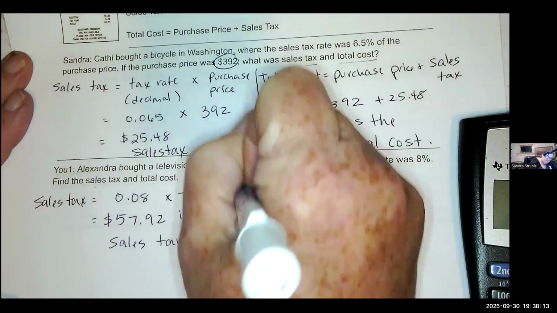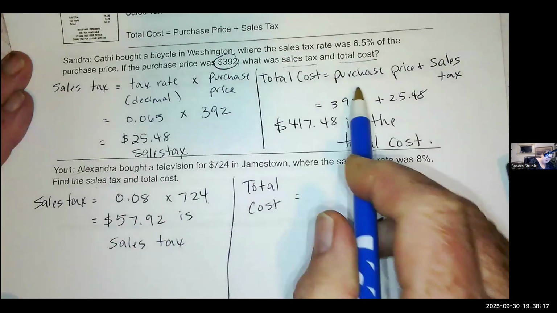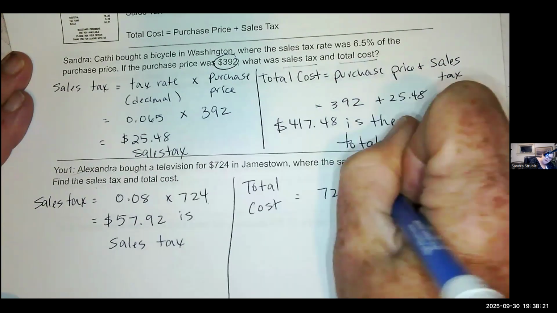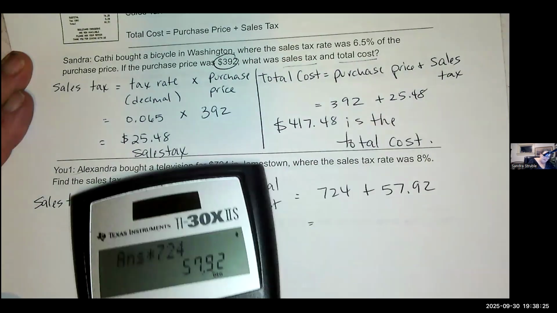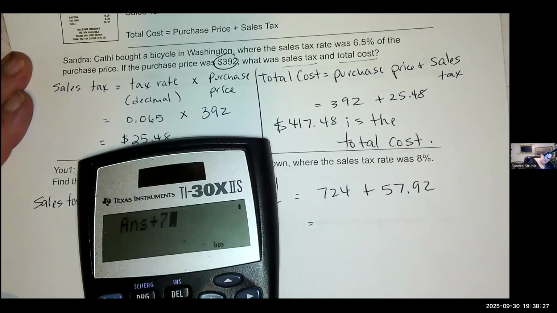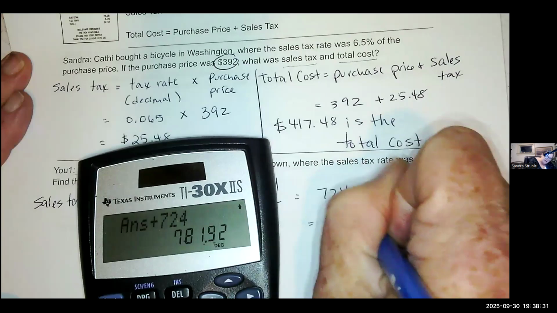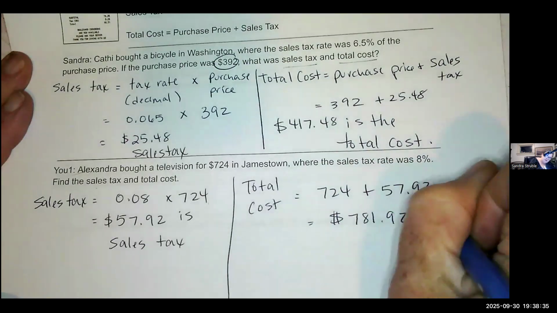The total cost is going to be the purchase price of $724 plus the sales tax. So $57.92 plus $724 is $781. Don't put your dollar sign. $781.92 is the total cost.